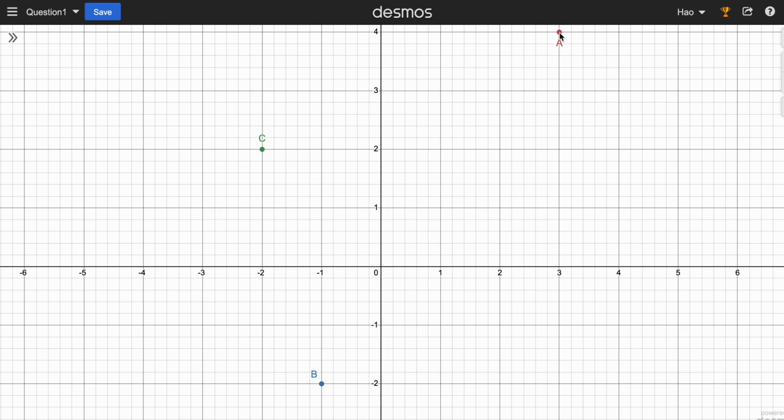Just like what I did in the answer sheet. I extend this line, go there, and this line, go there. It's just -2, go up, and 2, go left, and the intersection is the point.